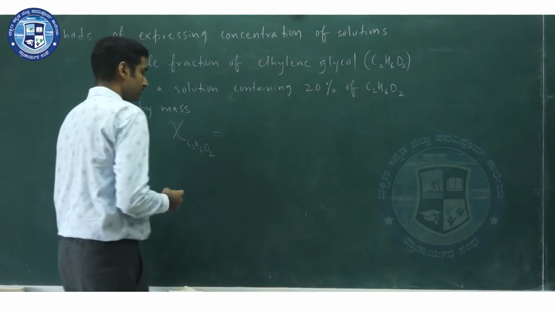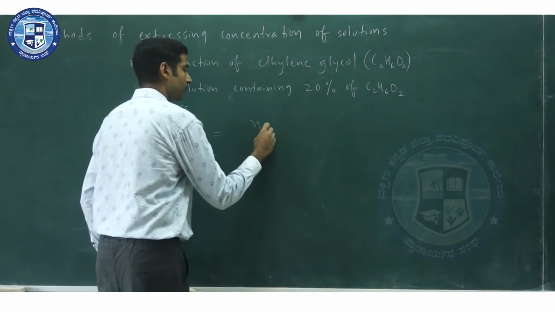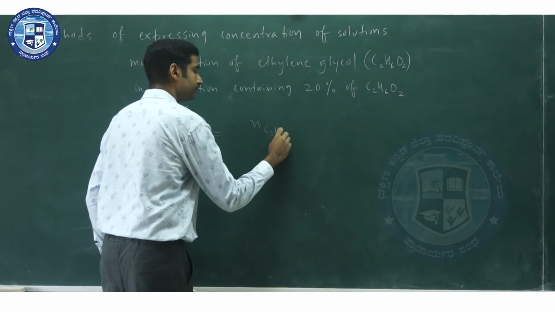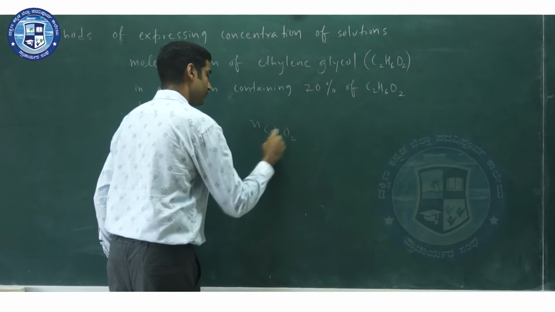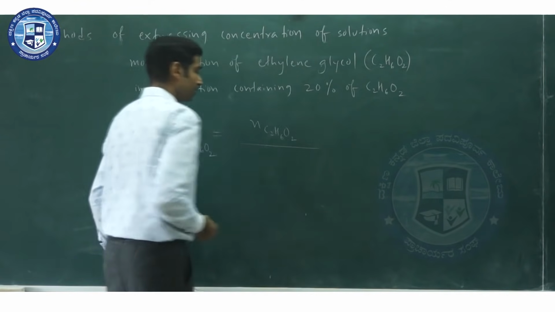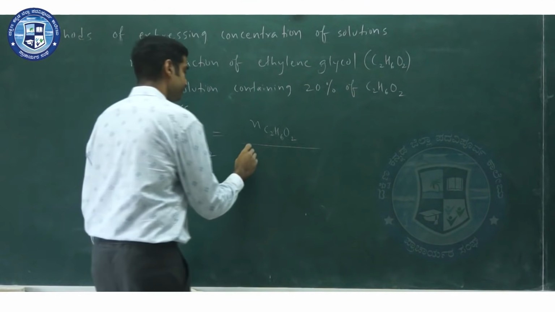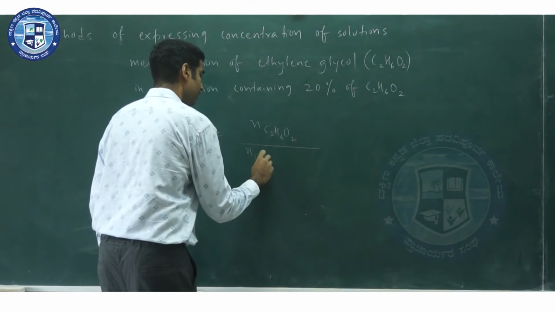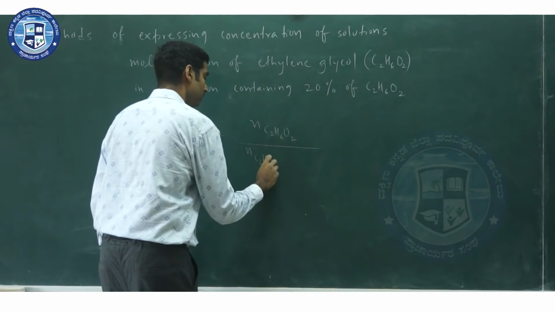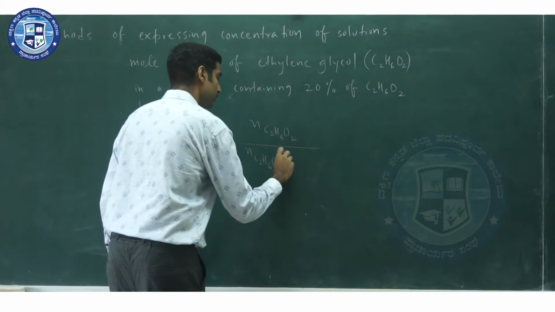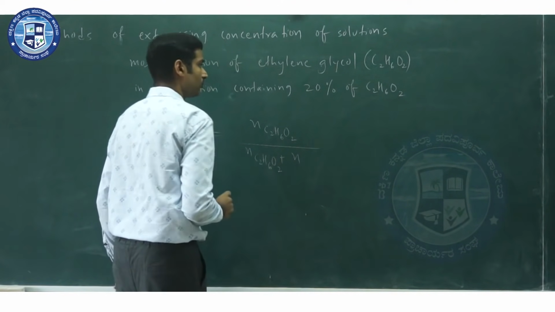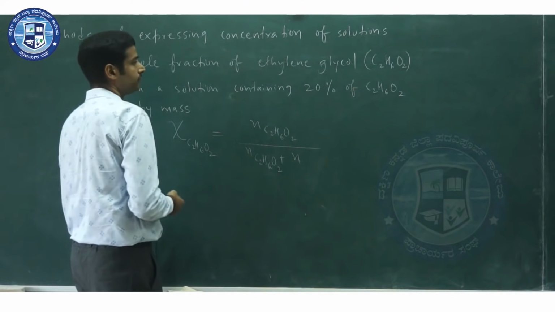It can be given as the number of moles of ethylene glycol divided by total number of moles. The number of moles of ethylene glycol plus the number of moles of the other component.